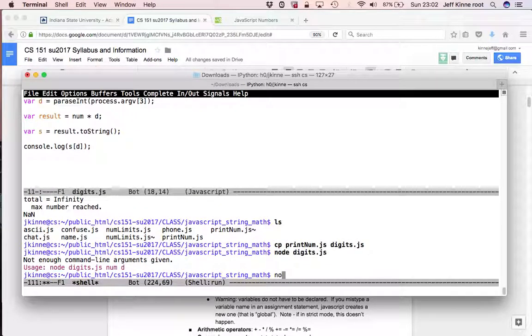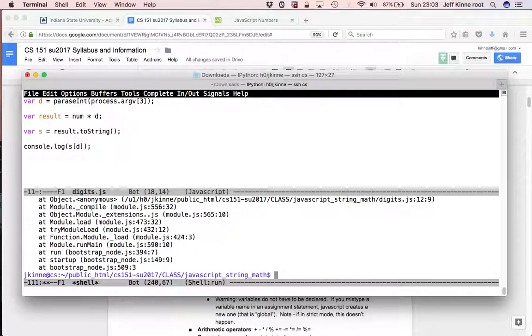Okay, so we get our message telling us to give more. So let's say we're going to do 6 and 2. 6 times 2 is 12. We'll have to do, let's see, 52 and 2. Alright, so 52 times 2 is 104. Get an error.